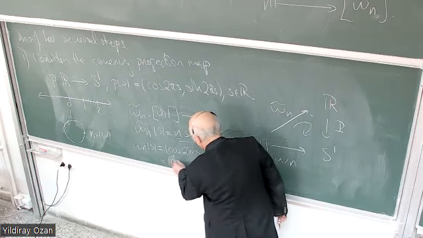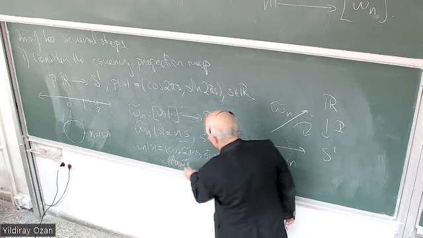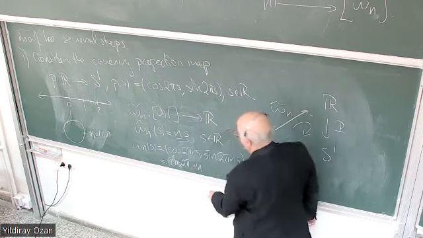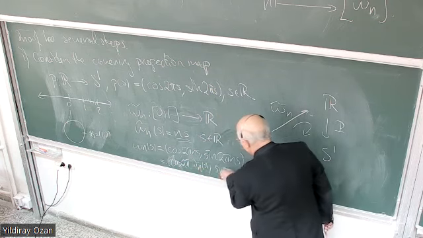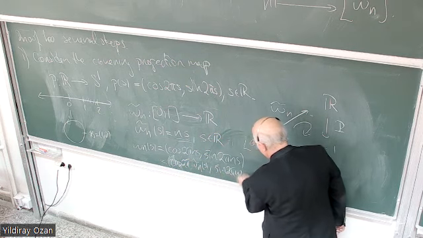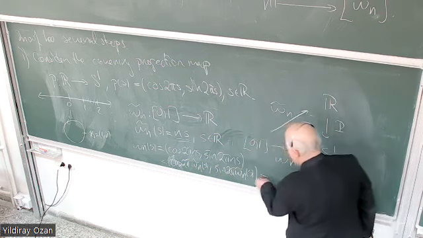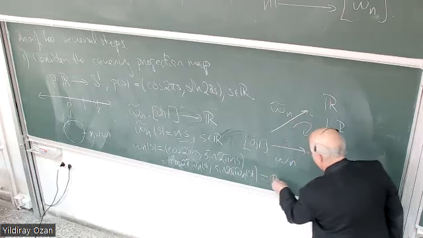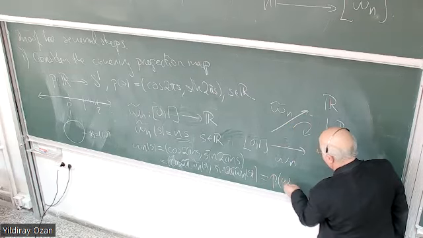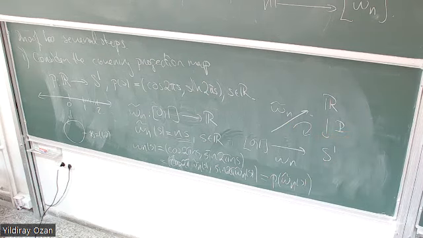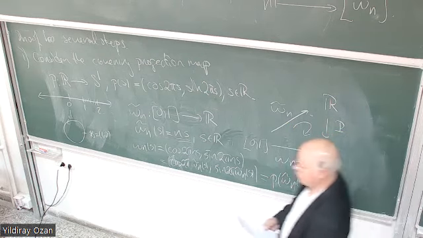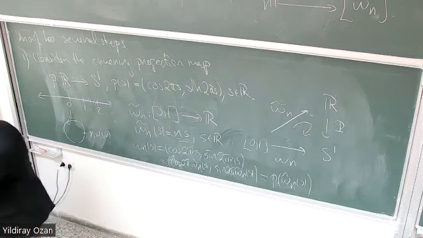This is cosine 2 pi Wn tilde of s, sine 2 pi Wn tilde of s, but this is just P of Wn tilde of s. Therefore, we have this equality, right?